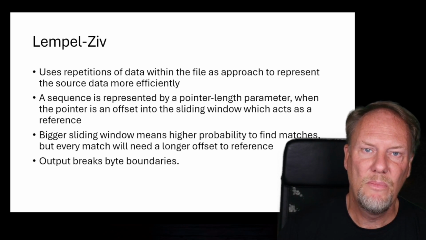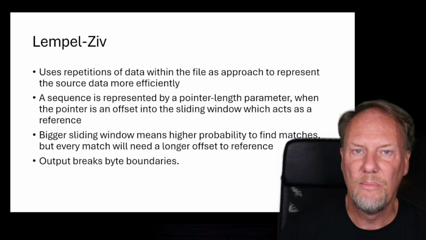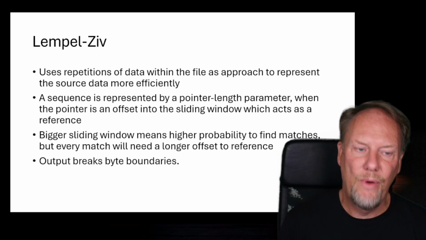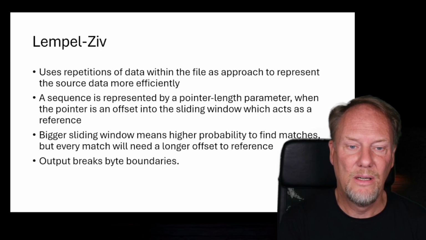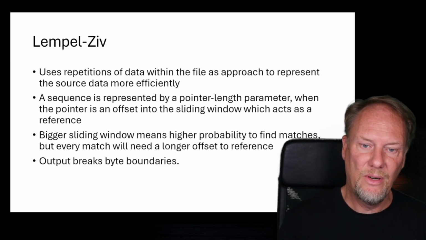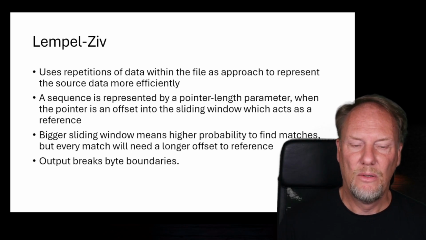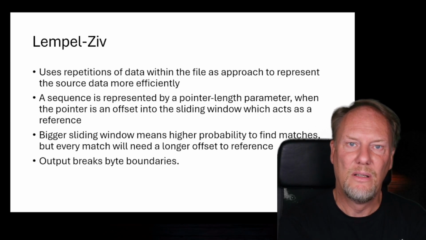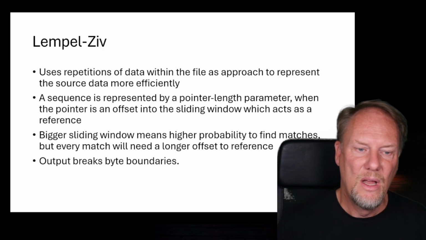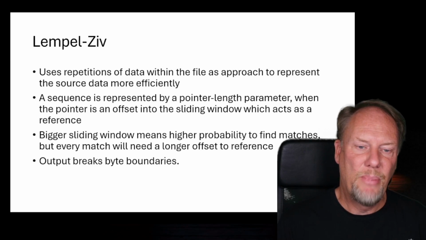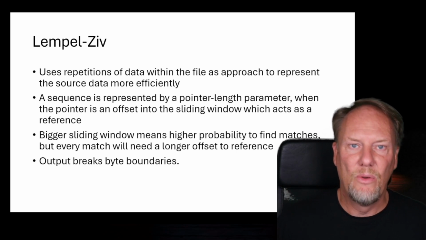So if the same data is repeated multiple times inside the file, rather than repeating the data, you are placing a reference to the other data and also the length. So you would have a pointer and length pair, or a distance and length, I think it's actually called in the description of this.